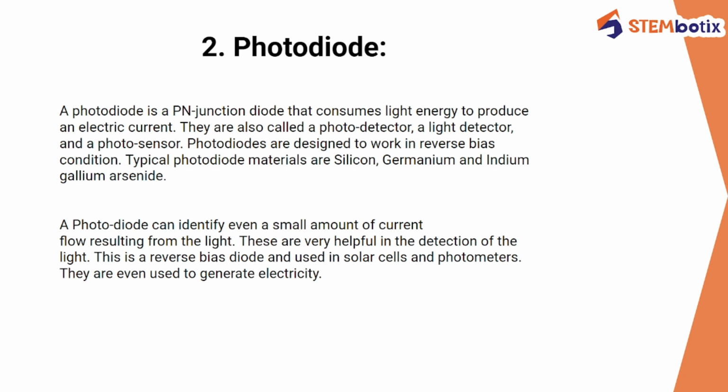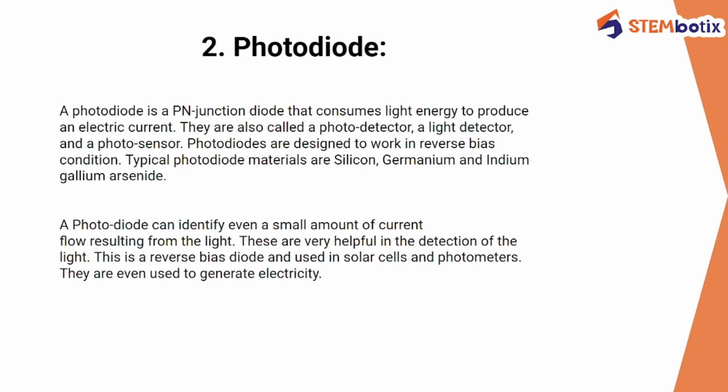A photodiode can identify even a small amount of current flowing as a result of light. So whenever there is light, it detects a smaller amount of current. Even if a small amount of current flows resulting from the light, it can sense it.